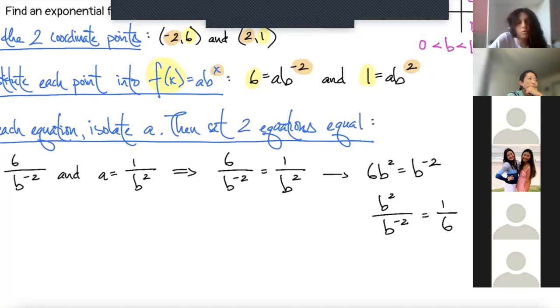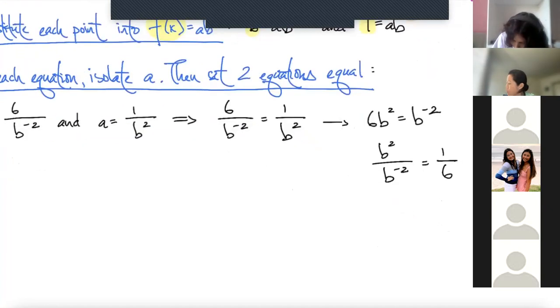In that case, would we subtract the exponents? We would, exactly. The key thing here is that division symbol. The division means that when we look at our exponents, we're actually going to subtract them. And so we're going to have b to the, let's see, what is 2 minus negative 2? That's going to give us b to the 4th equals 1/6.